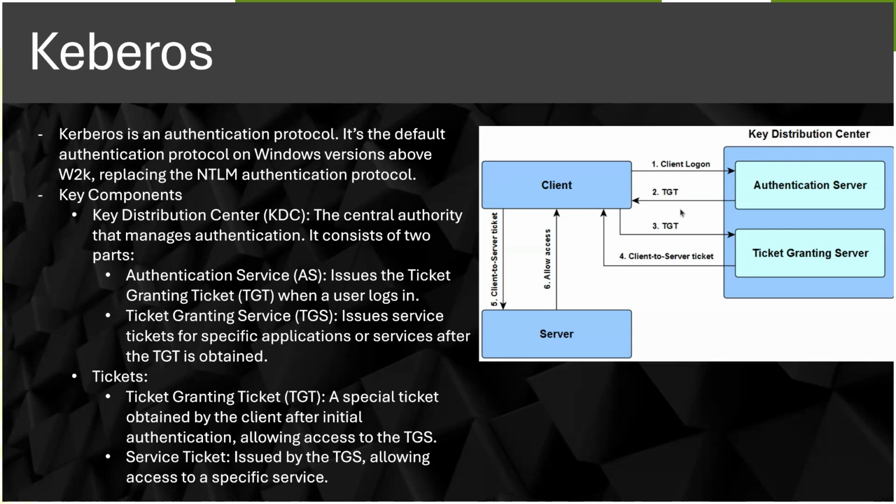So here's the flow. First, the client logs on to the system and the authentication server returns a TGT, which is the ticket granting ticket. Then the client uses the ticket granting ticket to request a service ticket from the ticket granting server, and the ticket granting server will return a service ticket.